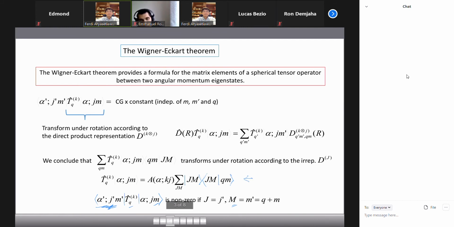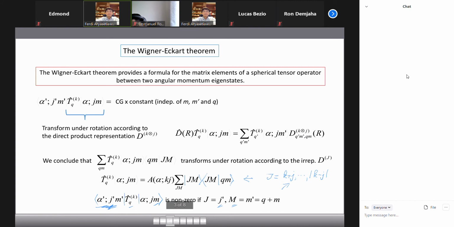So then the J prime must be one of these. This J here is limited to K plus J down to K minus J. So the J prime must be one of these, capital J. Otherwise, the matrix elements will be 0.